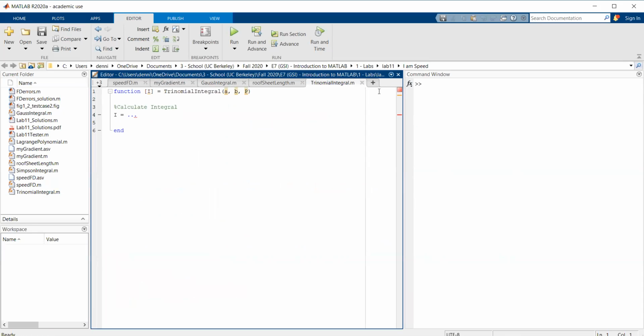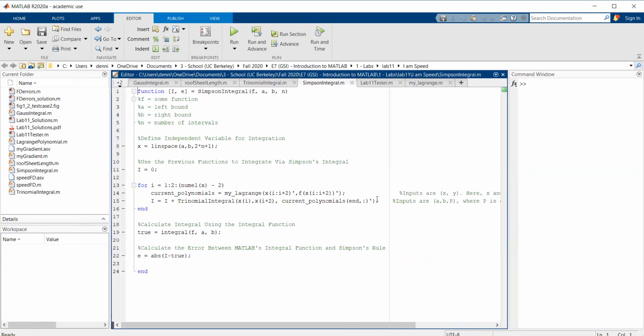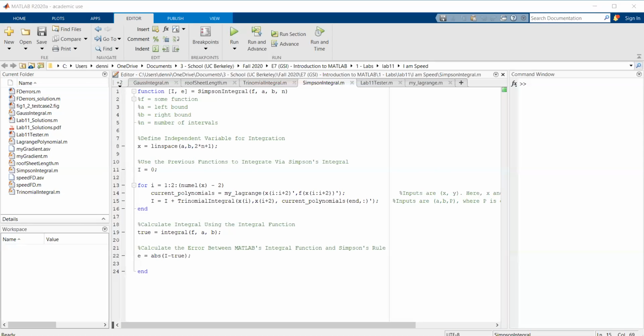So, not the trinomial one, I want to go to the Simpson integral. Okay, this is a change that someone pointed out in one of my other labs. The solution I gave on Monday had this being current polynomials instead of current polynomials n comma colon. What this basically means: you may not remember lab 10 because it was 1,000 years ago, but this is an n plus 1 by n matrix.